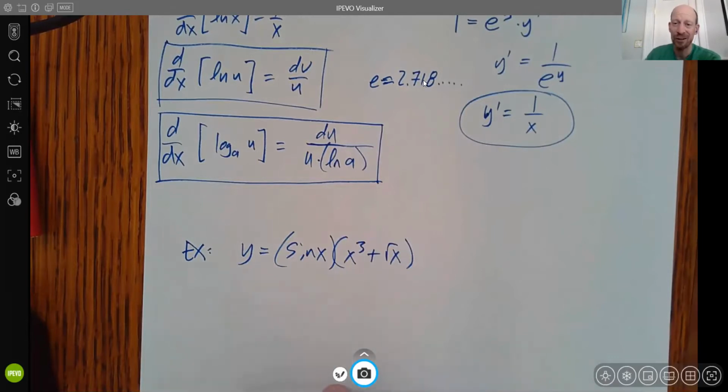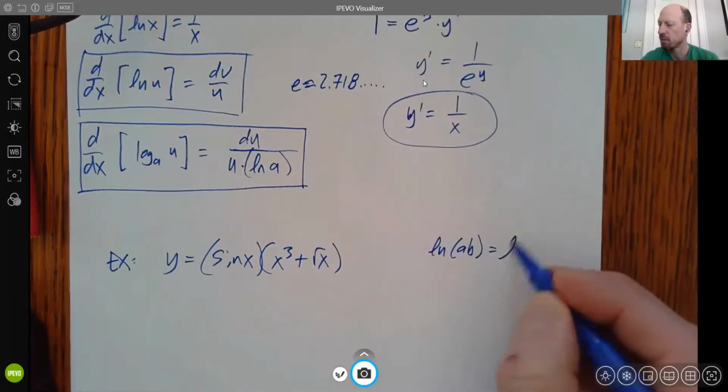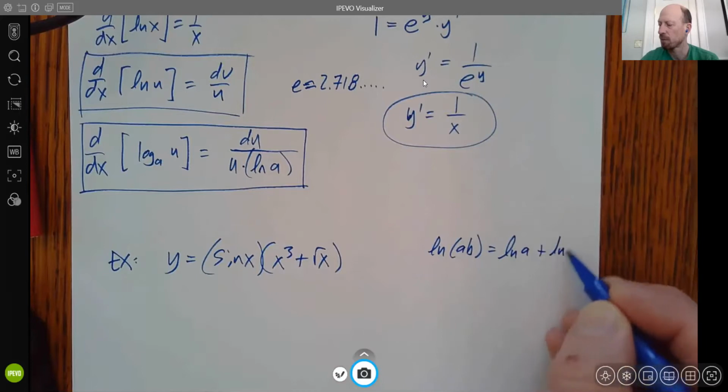You technically could use logarithmic differentiation here. This is a product. If I took the logarithm of this product, remember the log of a product is the sum of the individual logarithms.